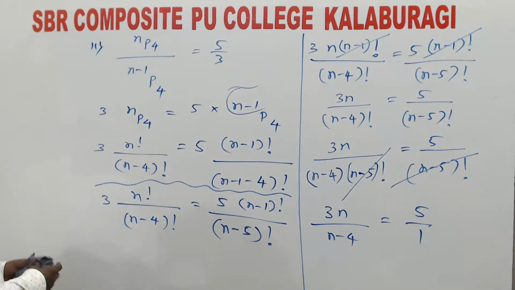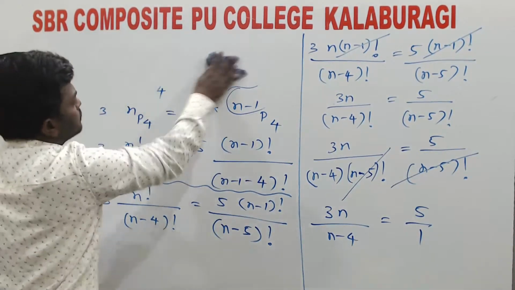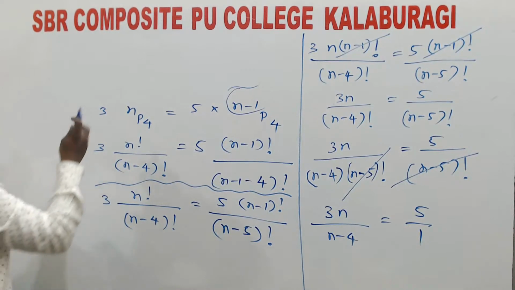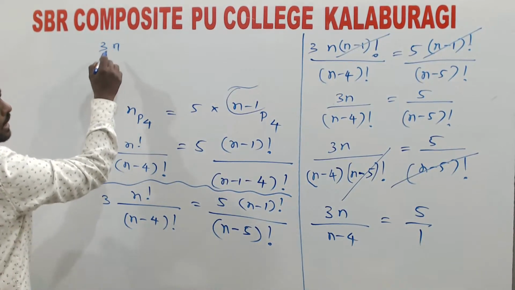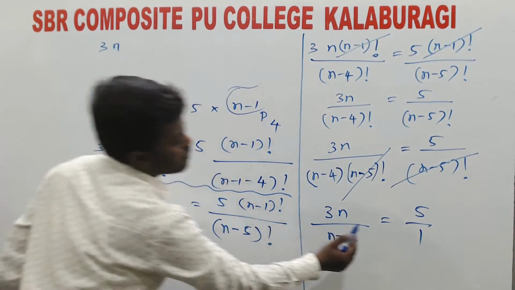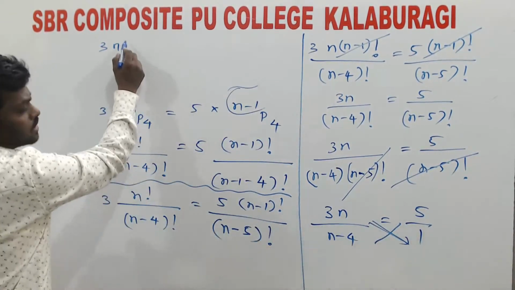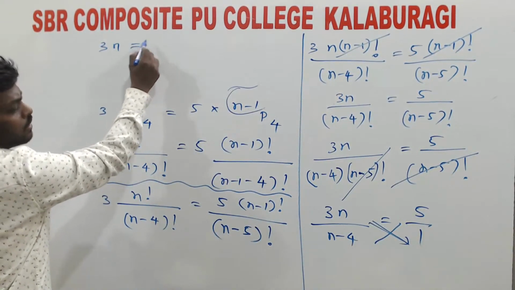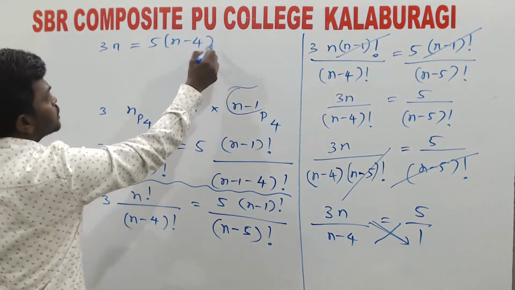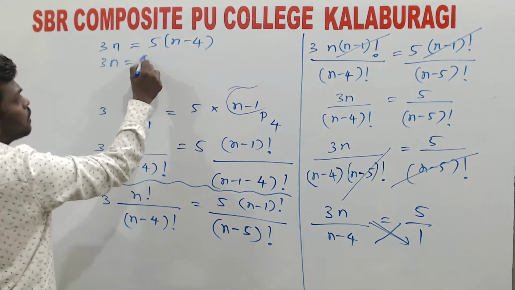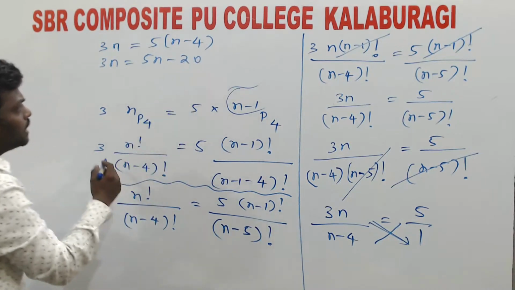Right. So now just cross multiply it. 3n into 1 is 3n, and 5 into n minus 4. 3n is equal to 5n minus 20.